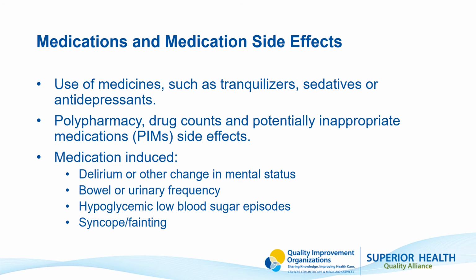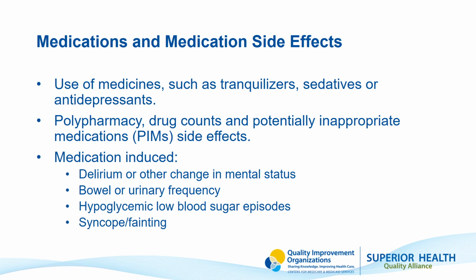Polypharmacy, or taking multiple medications, the number of drug medications and potentially inappropriate medications, otherwise known as PIMs, P-I-M-s, can lead to side effects that include a loss of balance, drowsiness, reduced awareness, confusion, or disorientation, putting someone at a higher risk for fall.